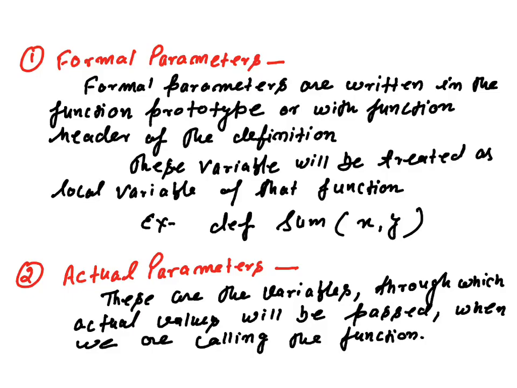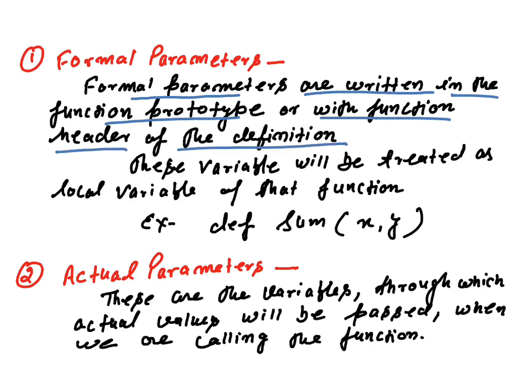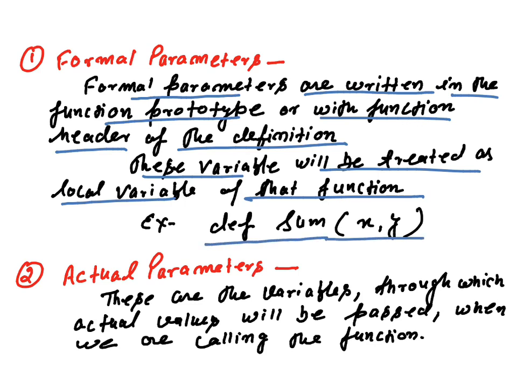The formal parameters, first I'll give you the definitions. Formal parameters are written in the function prototype or the function header of the definition. These variables will be treated as local variables of that particular function. Example is here. Suppose def sum(x, y).